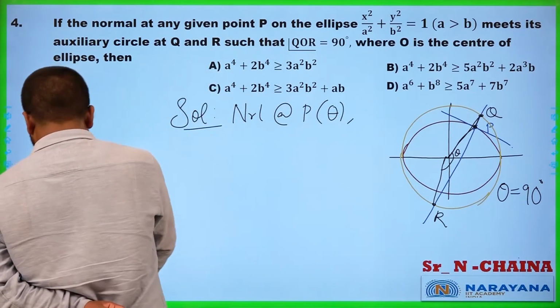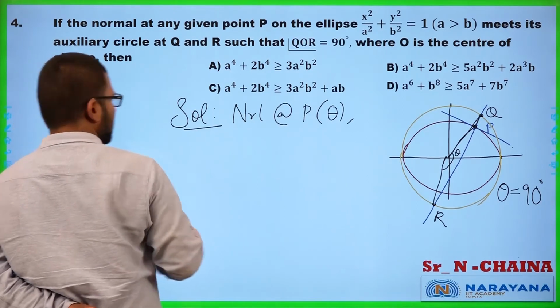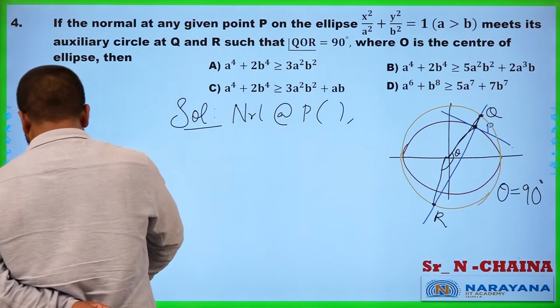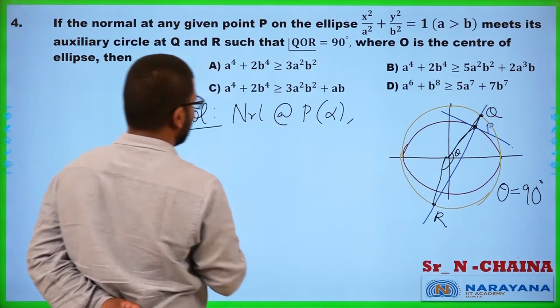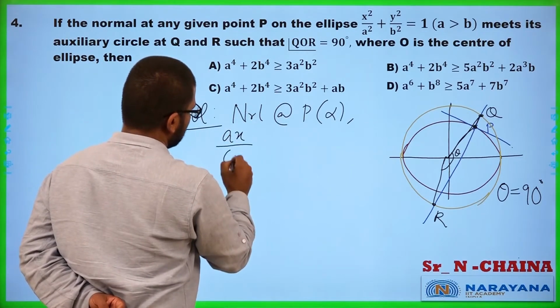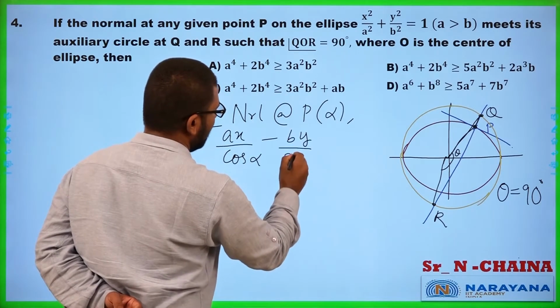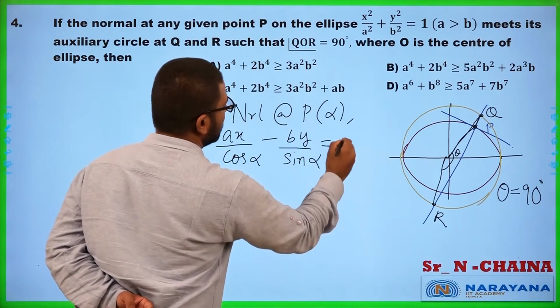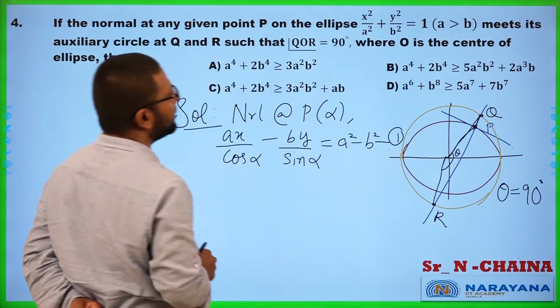So let us take this angle as alpha. Okay, normal at P of alpha would be given by A x by cos alpha minus B y by sin alpha equal to A square minus B square. Let us mark this as equation 1.